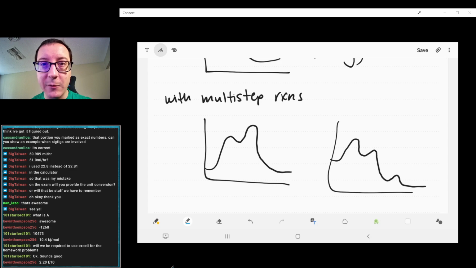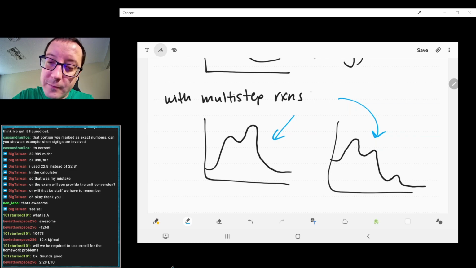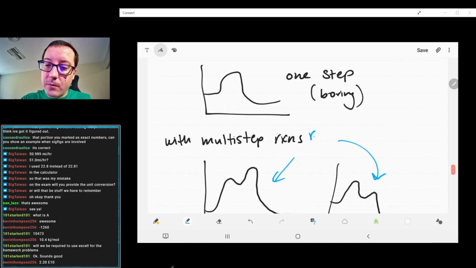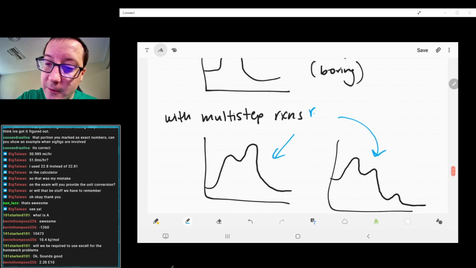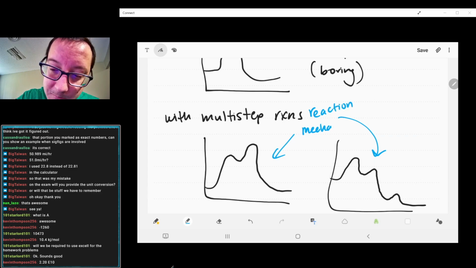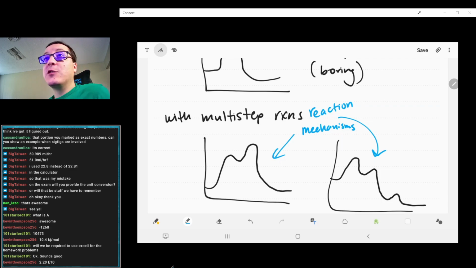But that aside, we're going to be able to look at reaction mechanisms to figure out what they look like in terms of what's actually going on. So the reaction mechanisms are going to give us hints as to what this sort of graph would look like.